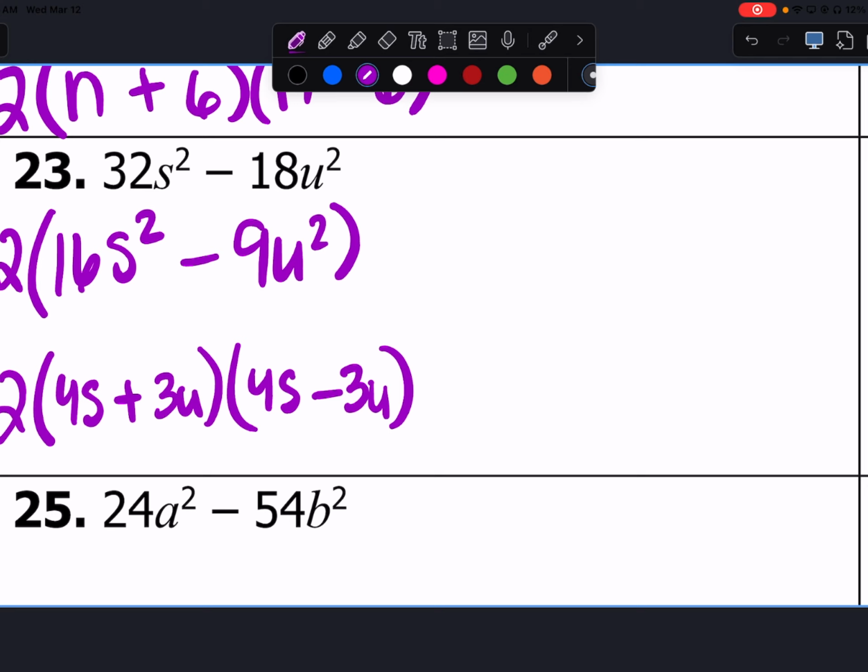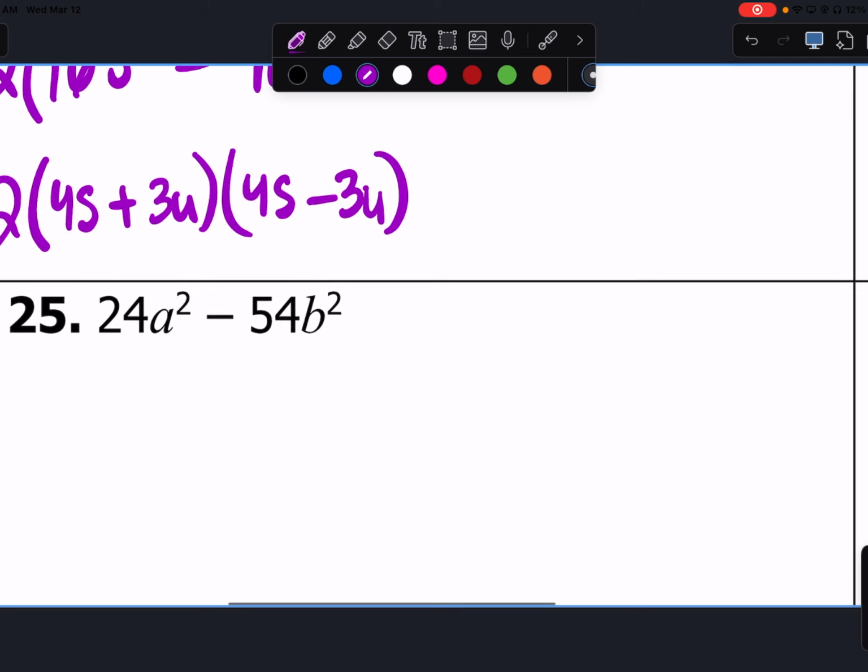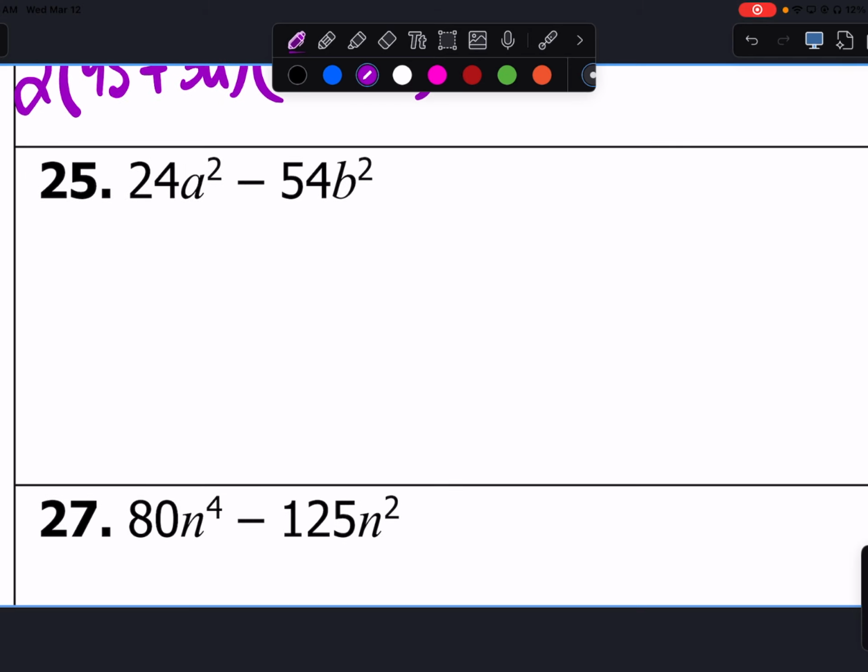All right, for 25, what is our GCF? Okay, so 6. What is 24a squared divided by 6? 4a.